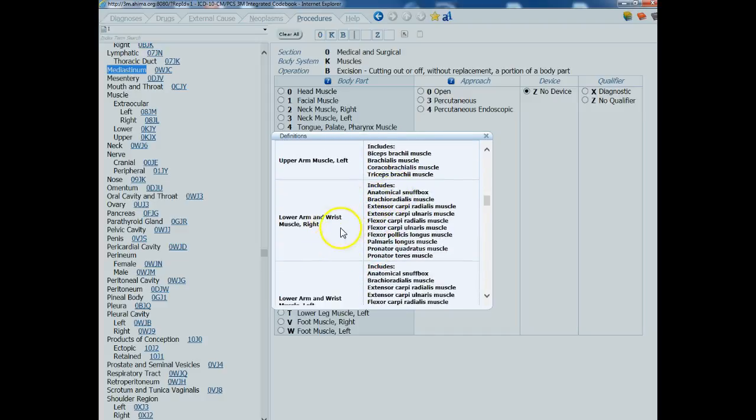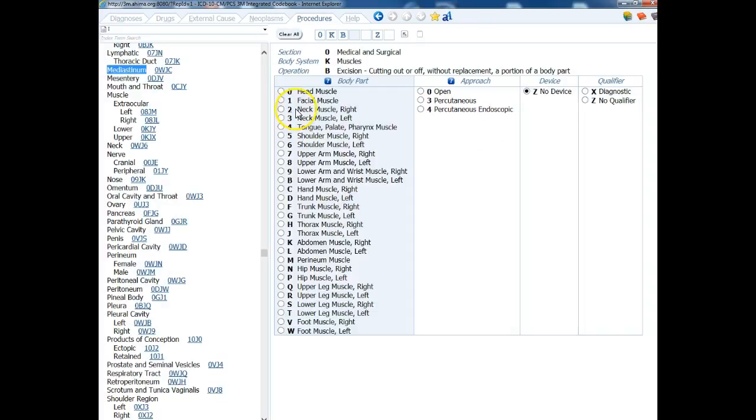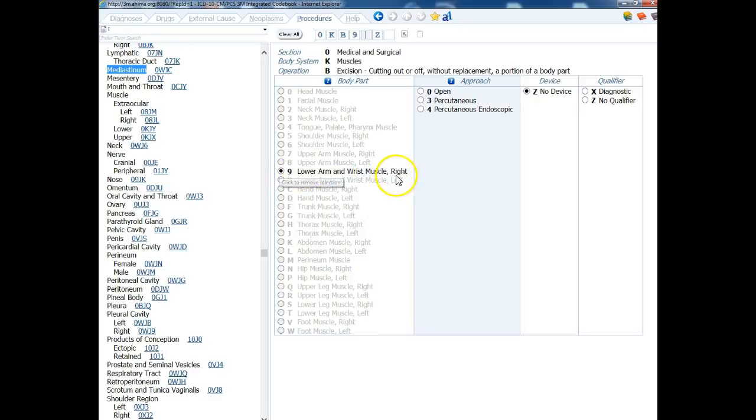And then under lower arm and wrist muscle right, I see brachioradialis. So it's the lower arm. That's going to be my body part. So I'm going to choose lower arm and wrist muscle right. And then I know my approach is open, and my qualifier is Z.